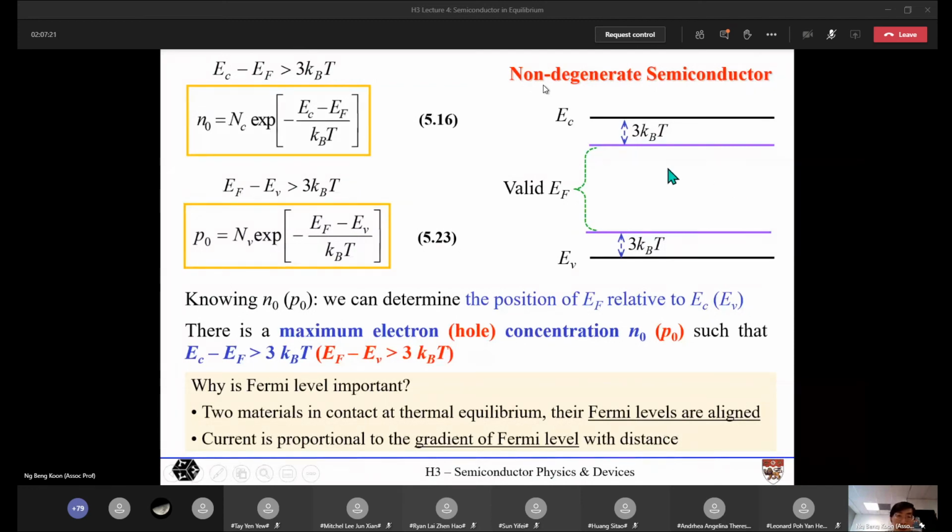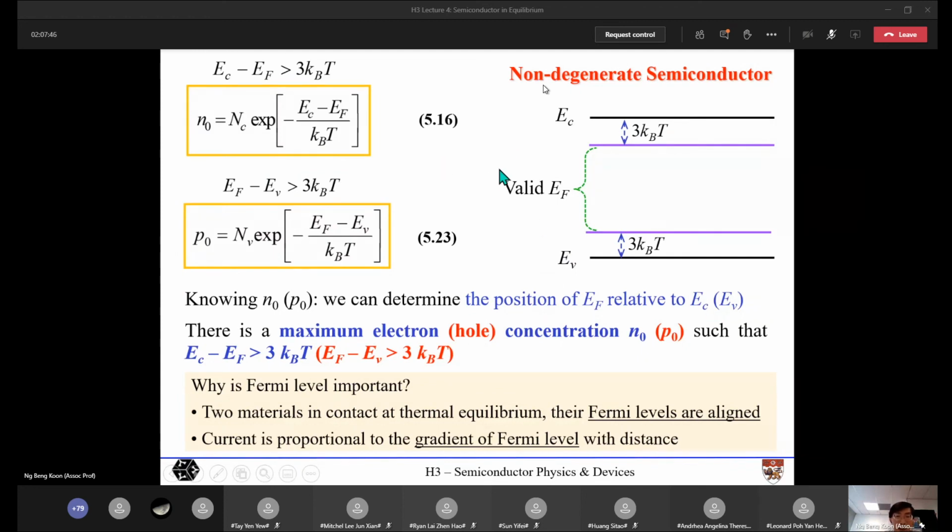In other words, to use this equation, the semiconductor must be non-degenerate. If the concentration is too high, giving a condition where the Fermi level is less than 3 kBT away from the conduction band edge or the valence band edge, then strictly speaking, these equations cannot be used.